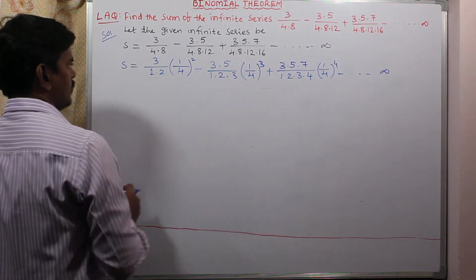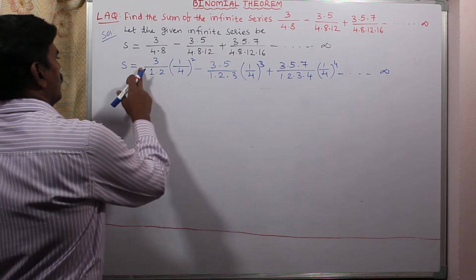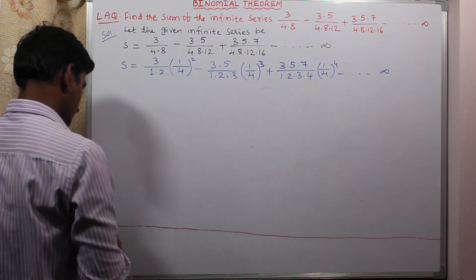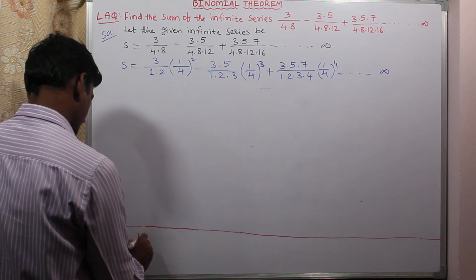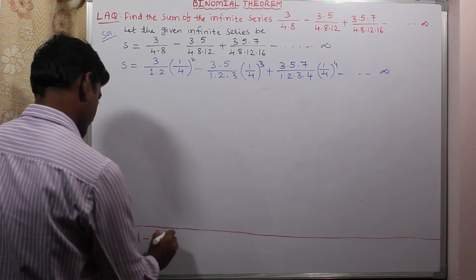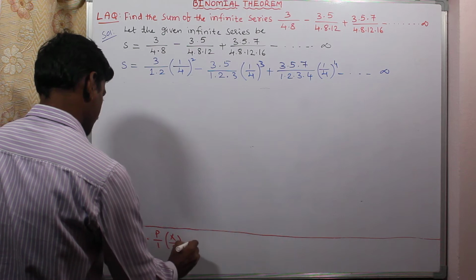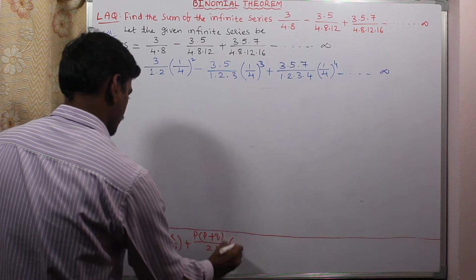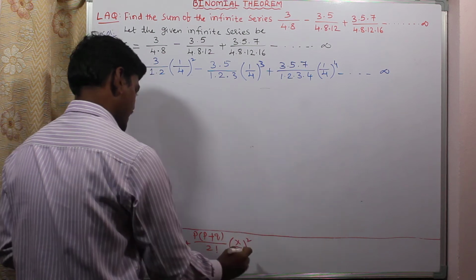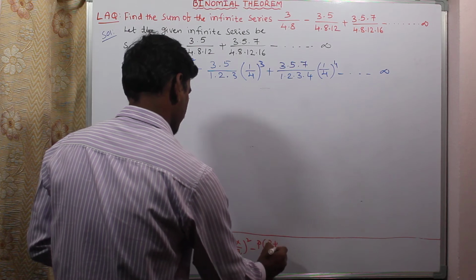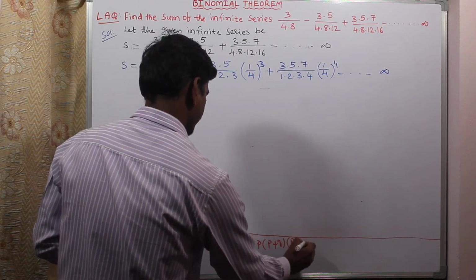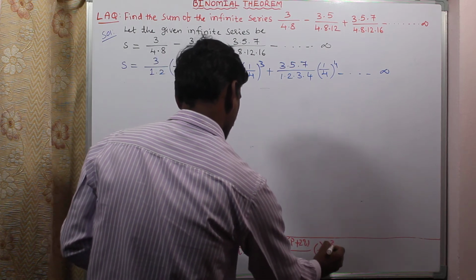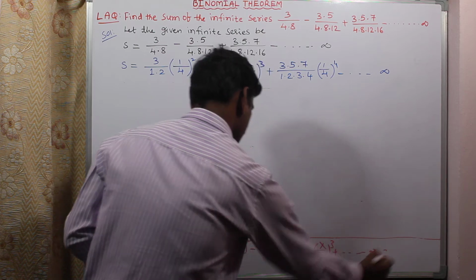Now let's remind the formula. After seeing the alternate plus and minus symbols, I need to recall a formula with alternate symbols: 1 minus p by 1 into x by q plus p into p plus q by 2 factorial into x by q whole square minus p into p plus q into p plus 2q by 3 factorial into x by q whole cube plus and so on up to infinite.